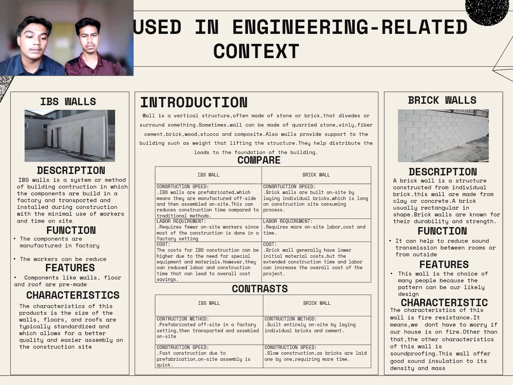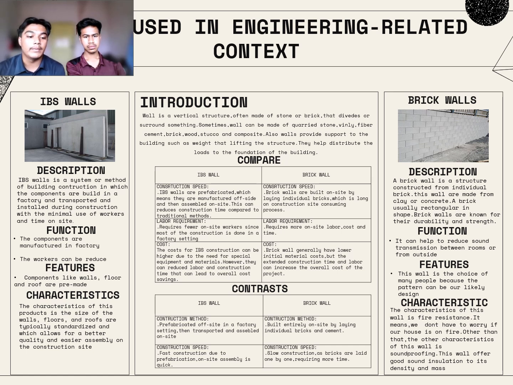For the contrast of our two products, the construction method for the IBS wall is prefabricated off-site in a factory setting, then transported and assembled on site. The brick wall is built entirely on site by laying individual bricks and cement.